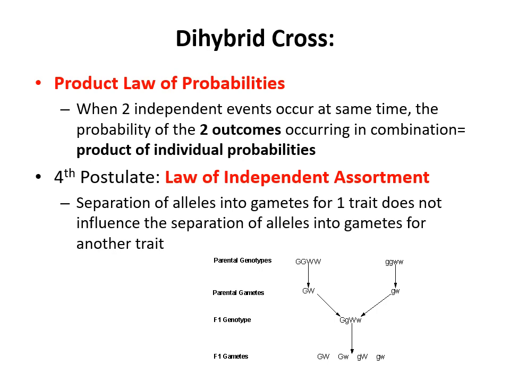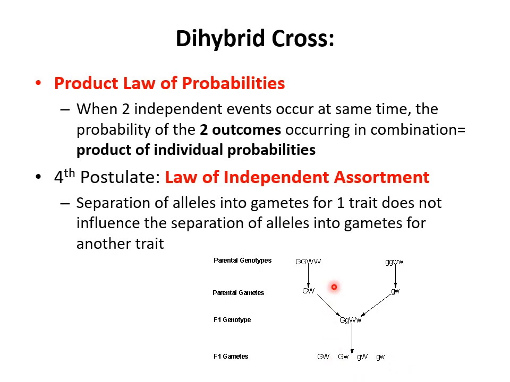One other postulate that I want to show you that's part of the dihybrid cross is the law of independent assortment, which is shown by this little figure here. It basically shows you that even though you have all of these alleles and more than one trait for the dihybrid cross, one trait does not influence the separation of the alleles into the gametes for another trait, meaning that you could end up with multiple different variations of the alleles going into gametes.